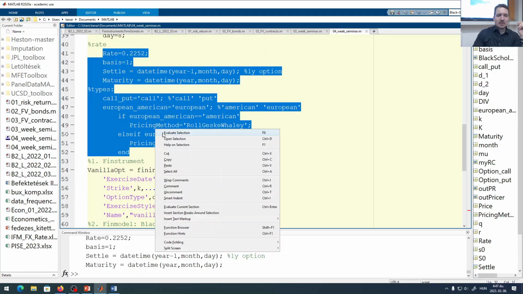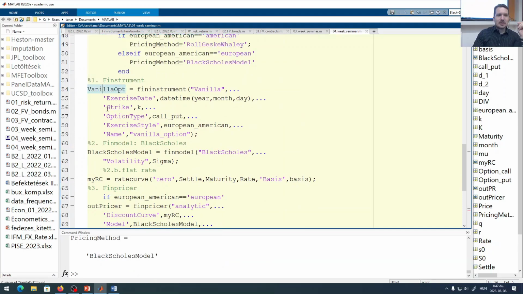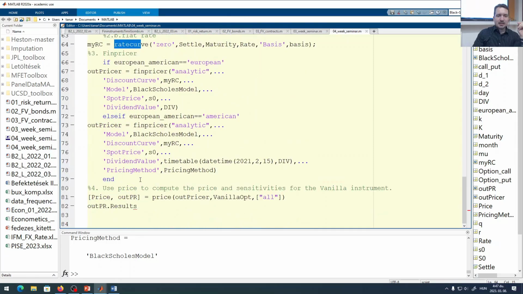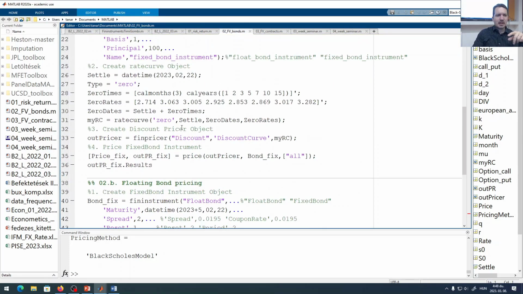Okay, so after that, the usual fin instrument, fin model, rate curve, and pricing. Oh, sorry, fin pricer and pricer functions are used, like in the case of when we were computing bond values.